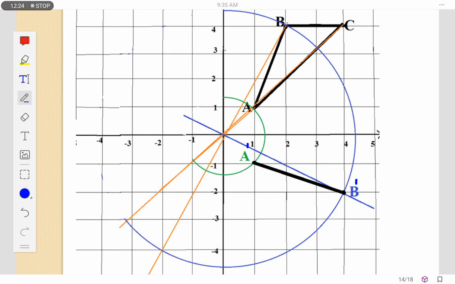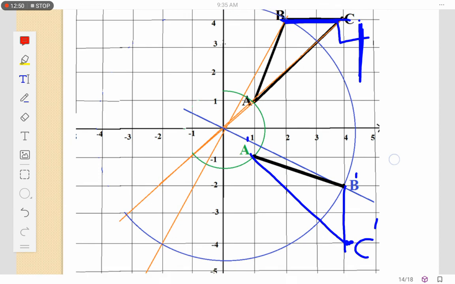If you check, our BC is that way, so I can say that my C is at this point, like this. If you try to rotate it, you'll see this side is horizontal. If we rotate it, it will be formed like this. So we have our 90 degrees being formed this way.